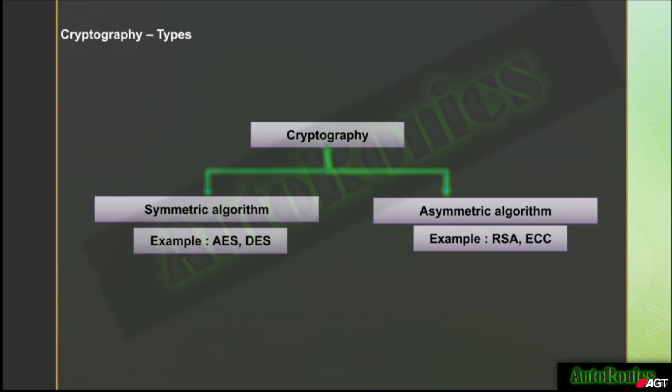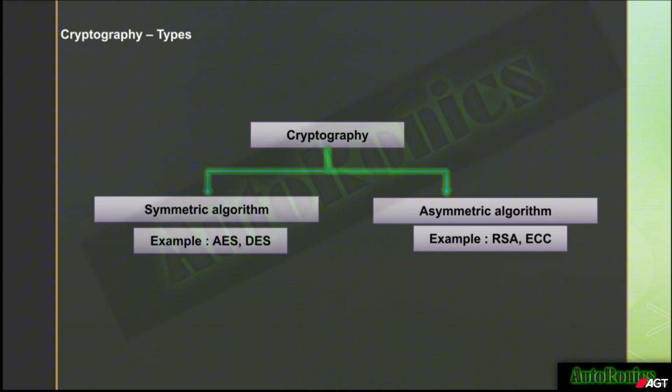Let's see the asymmetric algorithms. RSA, which stands for Rivest Shamir Adleman, was found in the late 70s, and ECC, elliptic curve cryptography, was found in the late 80s. In comparison, the same level of security is achieved with a smaller key size in ECC compared to RSA.